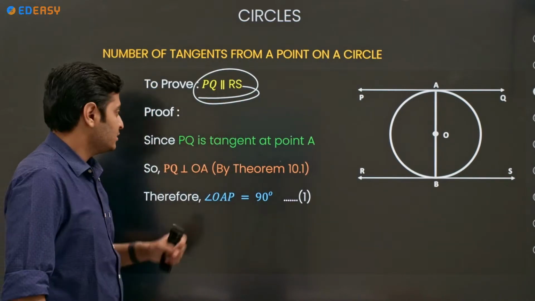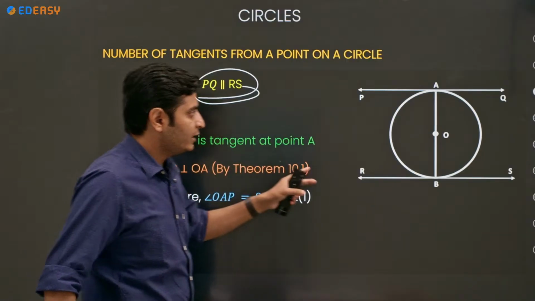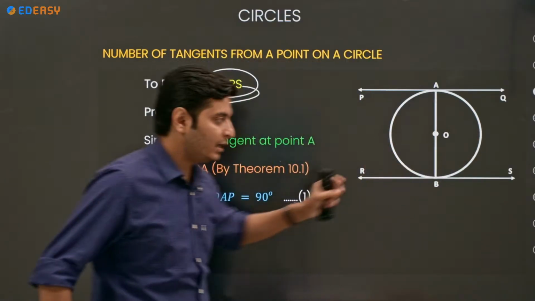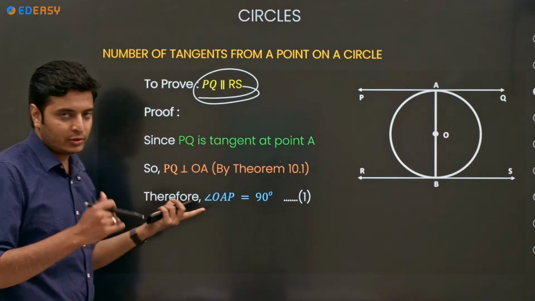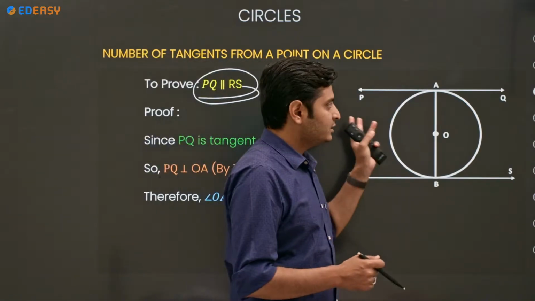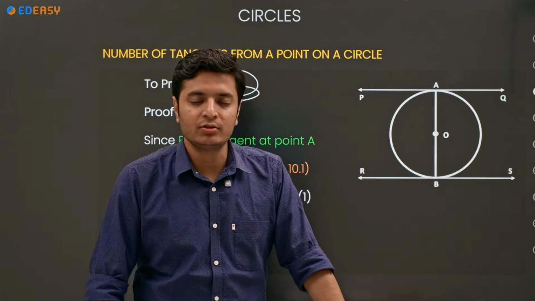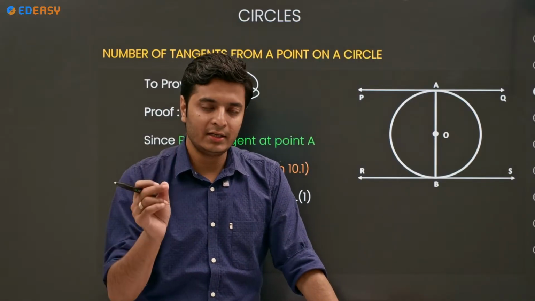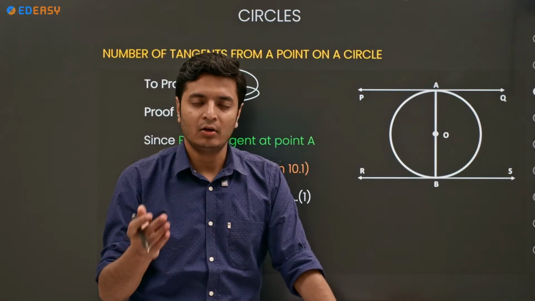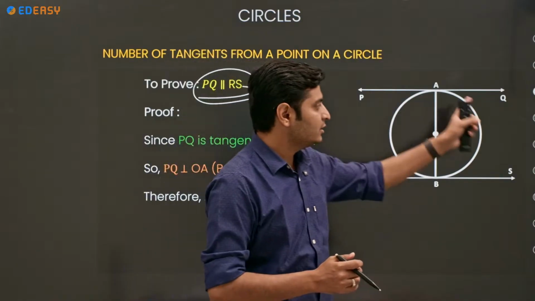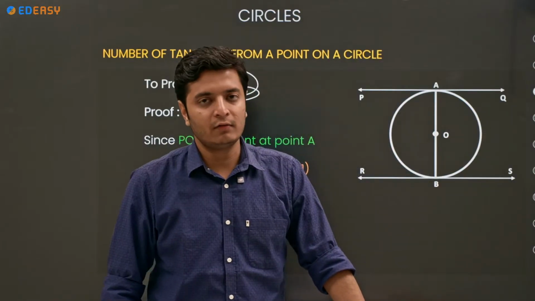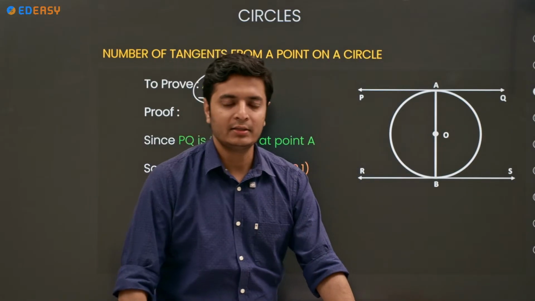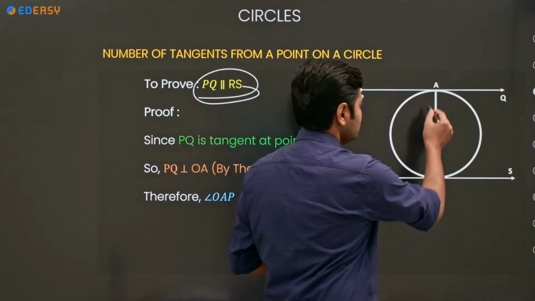Proof. Since PQ is a tangent at point A, then from theorem 10.1, the line segment joining the center of the circle and the point of contact will always be perpendicular to the line that is tangent to the circle.